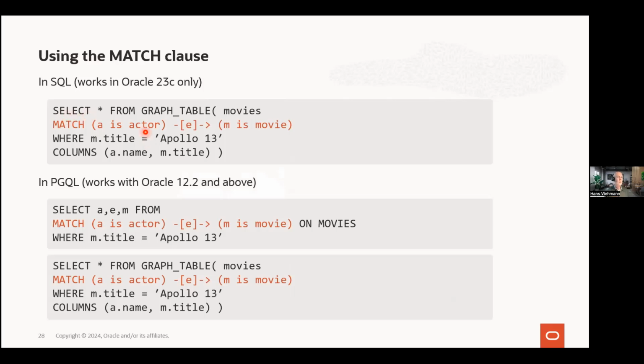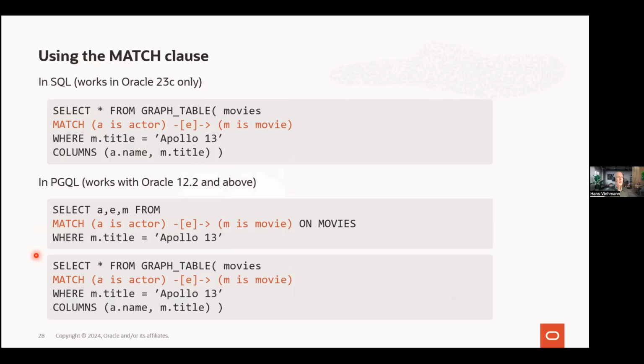and the mapping occurs through this columns clause. In PGQL, which is what we had previously, the syntax is a little bit different because there we are actually handling vertices and edges as native objects in graph server.